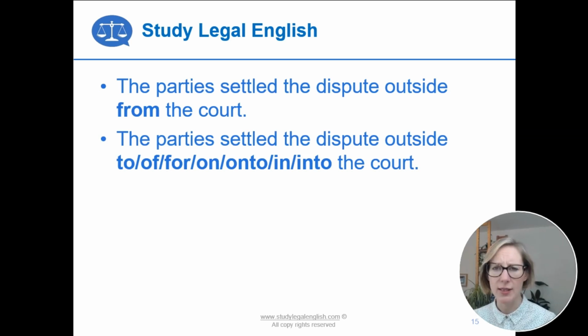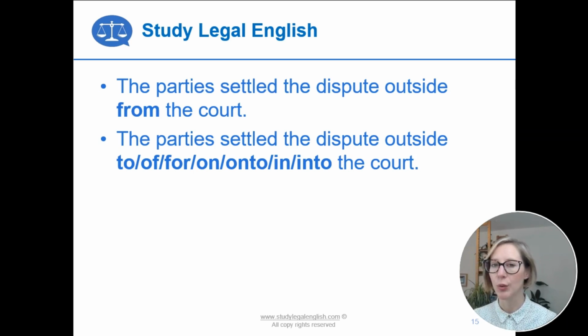And then secondly, see if you can spot what the other error is. Okay, so the parties settled the dispute outside to, of, for, on, onto, in, into the court. Choose the correct preposition and see if you can correct the other error.